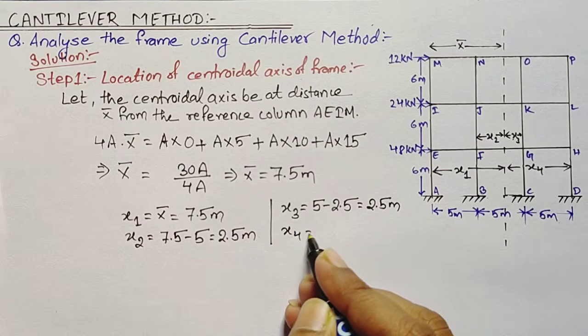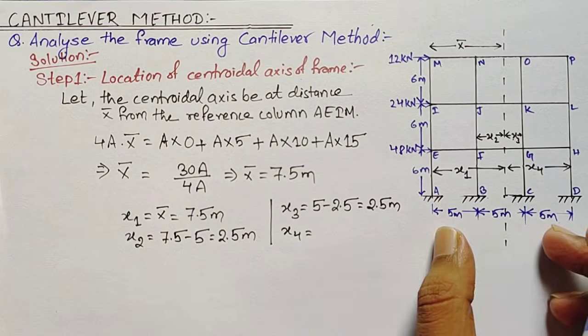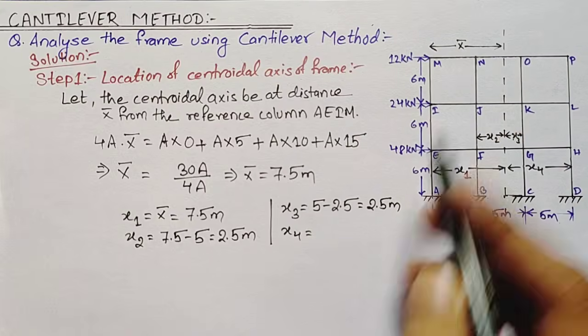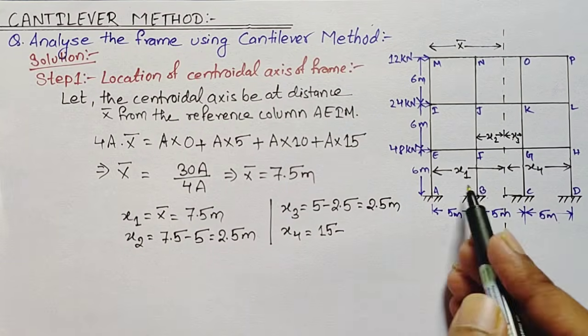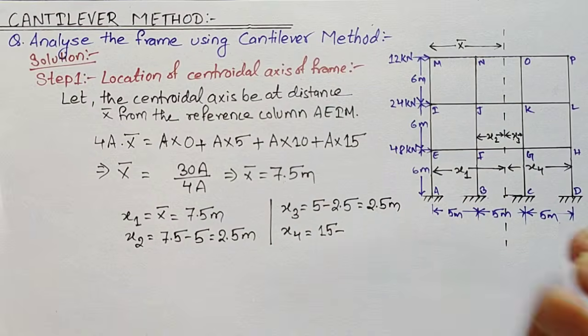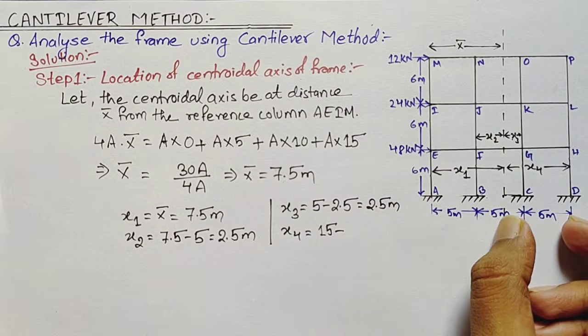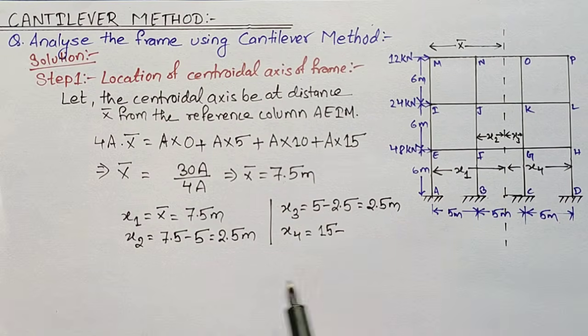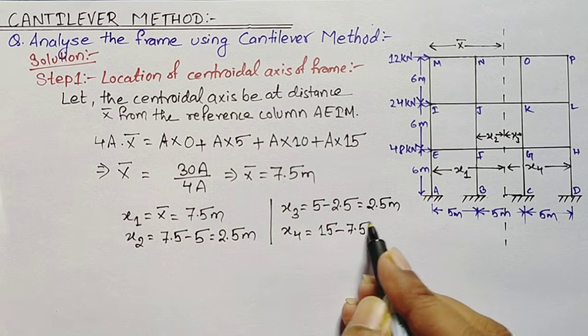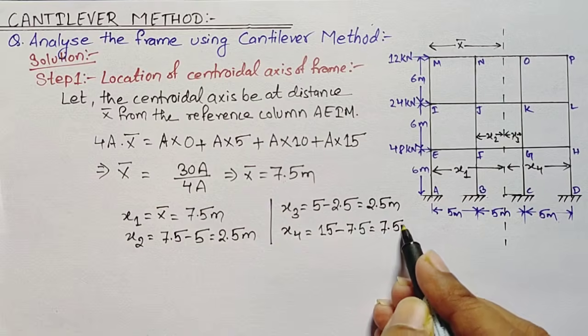Similarly, if we calculate x4, the whole span is 15 meters, and we have got x bar as 7.5 meters, so the whole minus x bar gives x4, the distance of the fourth column from the centroidal axis of the frame. That is 15 minus 7.5, so x4 equals 7.5 meters.